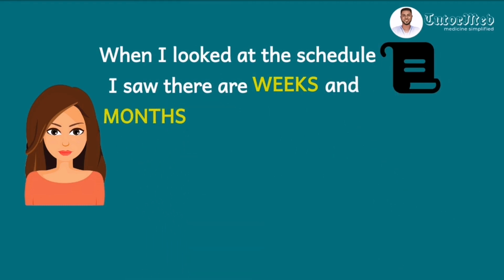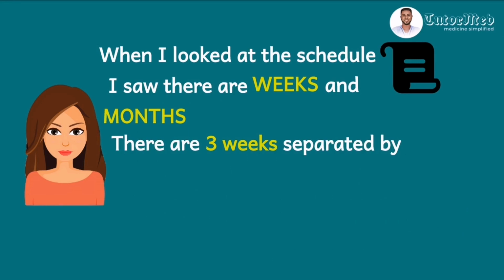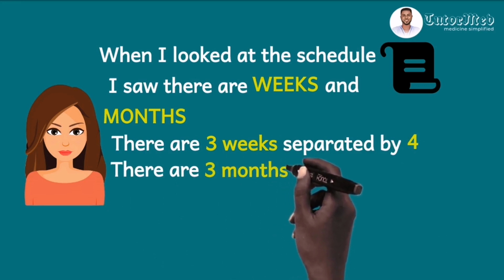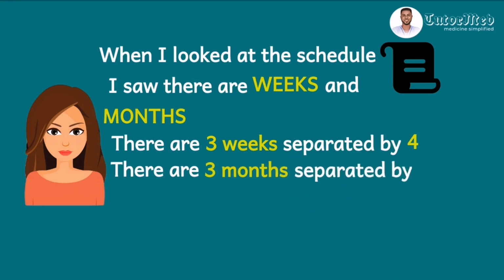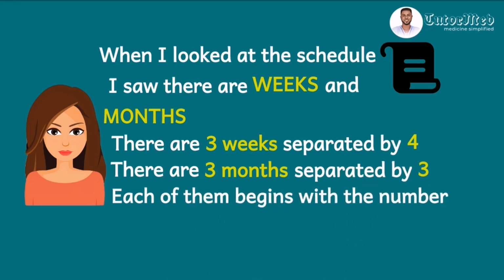And when I studied closely, I saw there are 3 weeks, and then they were separated by 4. Then there were 3 months, separated by 3. And each of the categories, which is the weeks and the months, began with the number 6.